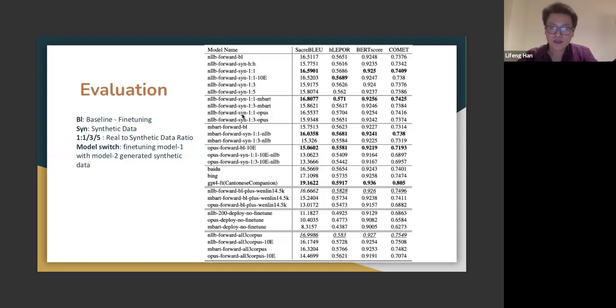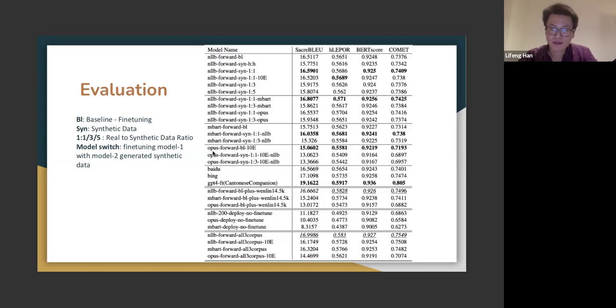The second cluster is the model switch. NLLB is the base model, but trained using the synthetic data from mBART and from Opus, respectively. In the third cluster, the base model is mBART, but using synthetic data from the NLLB model.